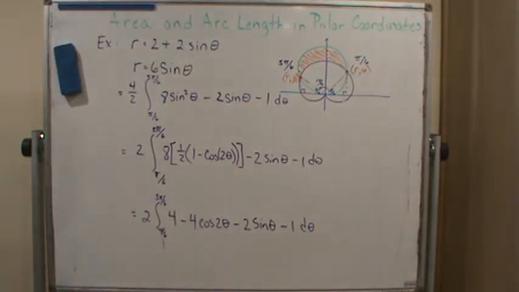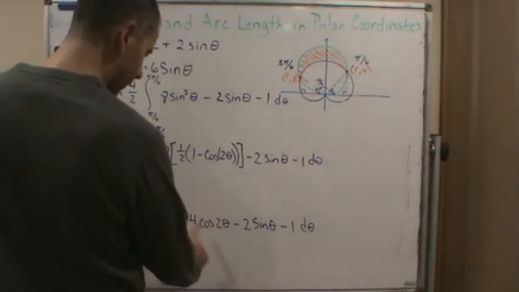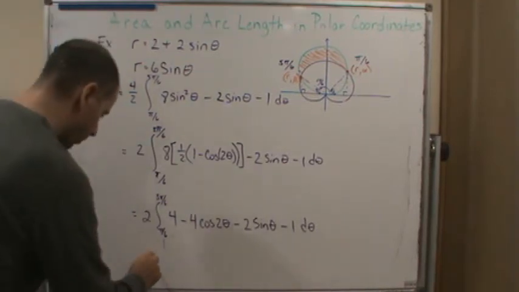Okay, so now I'm going to combine like terms again, the constant terms. Which is going to give me what?